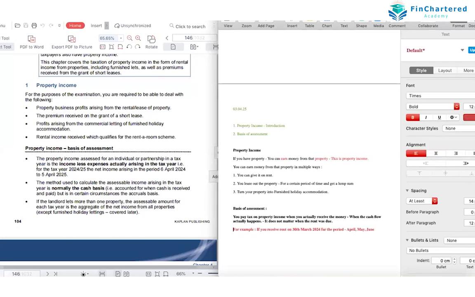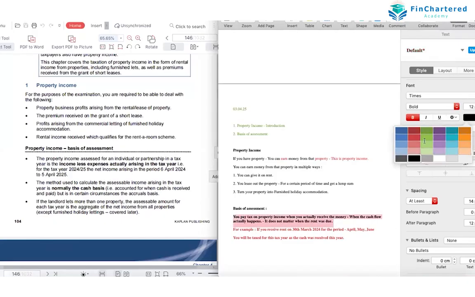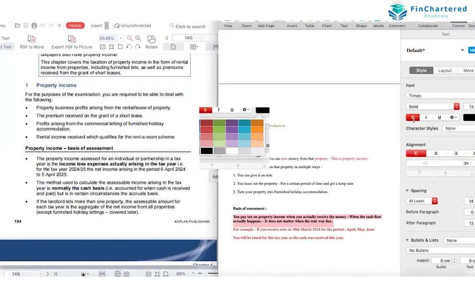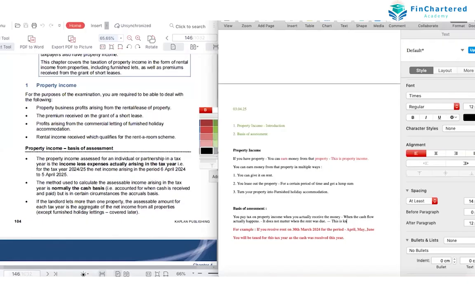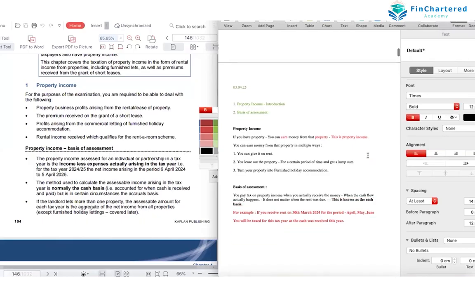If you receive rent on 30th March 2024 for the period April, May, June, you will be taxed for this tax year as the cash was received this year. Okay, so this is known as the cash basis. I hope this method and basis is clear and comfortable to all.